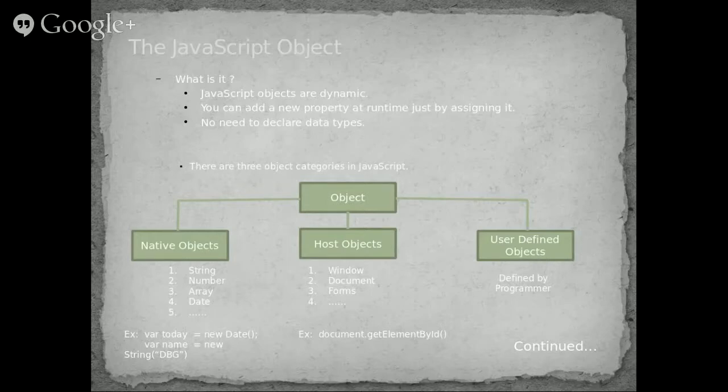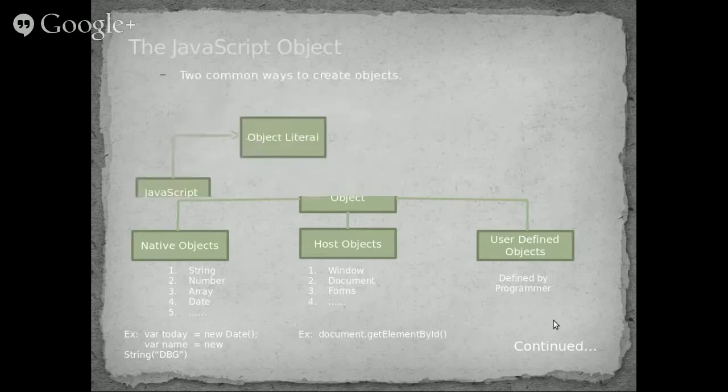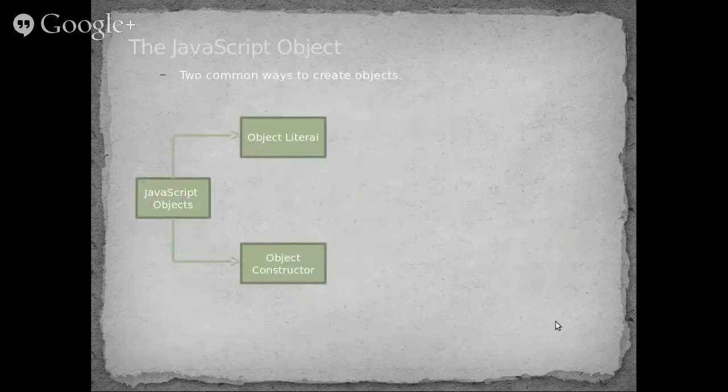One is the object literal, and the second is the object constructor. An object literal is a set of key-value pairs separated by commas and wrapped in curly brackets. So first we will check one sample of that, and then we will discuss the object constructor.